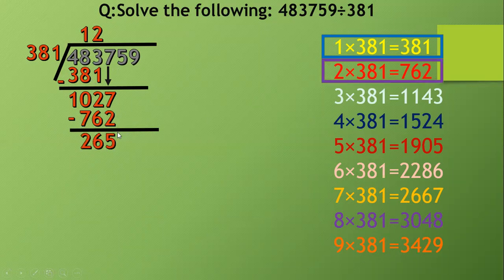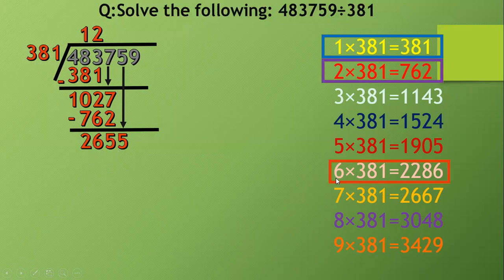Now bring down the next digit, that is 5. Now our number 2655 is greater than 381. So find the product of 381 which is equal or smaller and nearest to 2655, that is here.